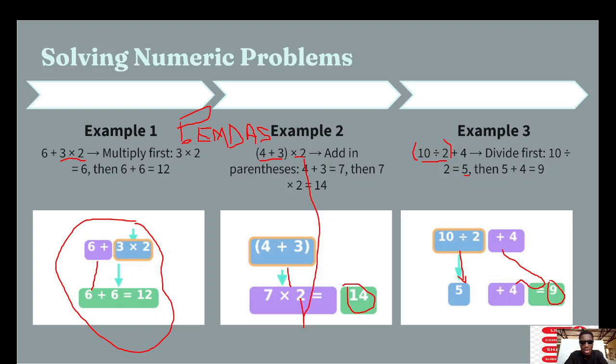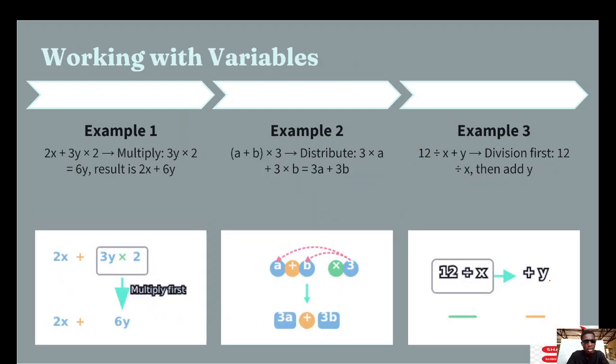All right. So notice how PEMDAS tells us which step to do first, and working step by step makes everything clear. So it is very important for us to understand these numeric problems. So let's zoom on to the variable problems, or working with variables. So PEMDAS is still working here. So the first one is 2x plus 3y times 2.